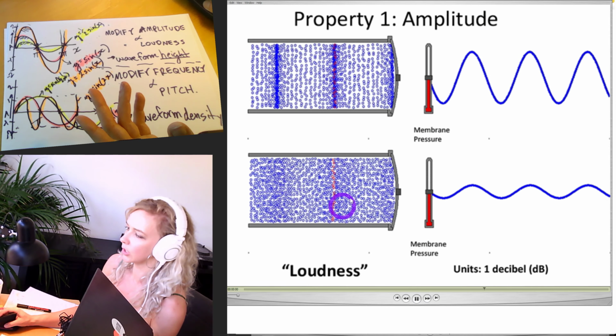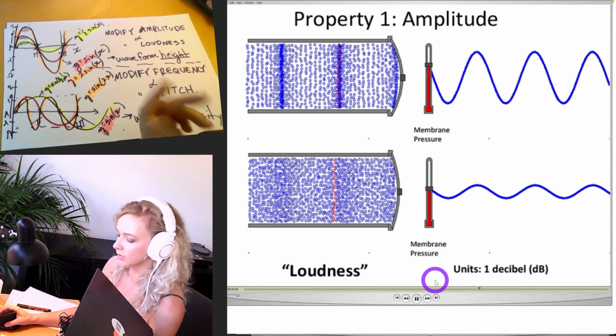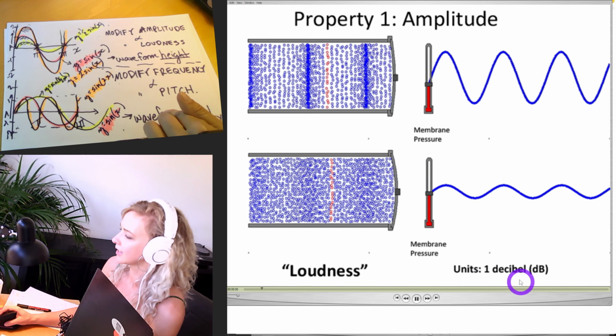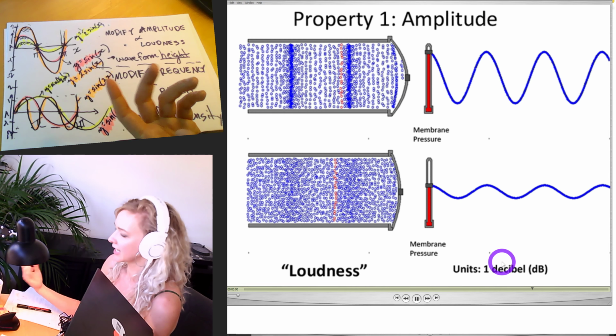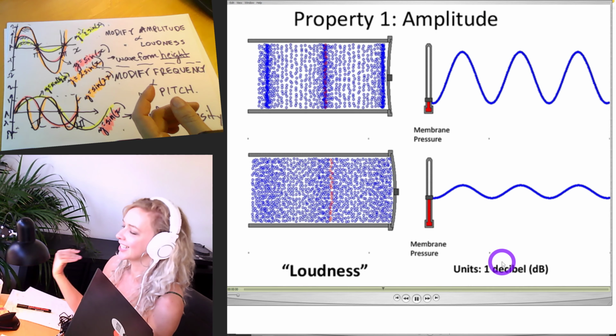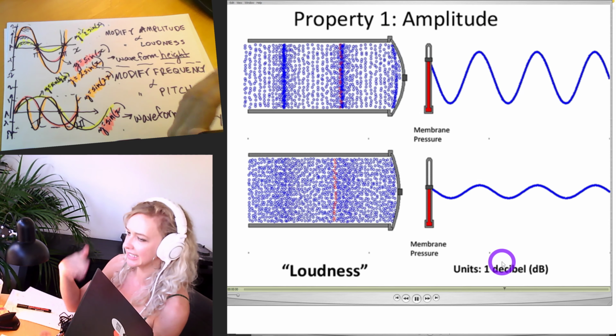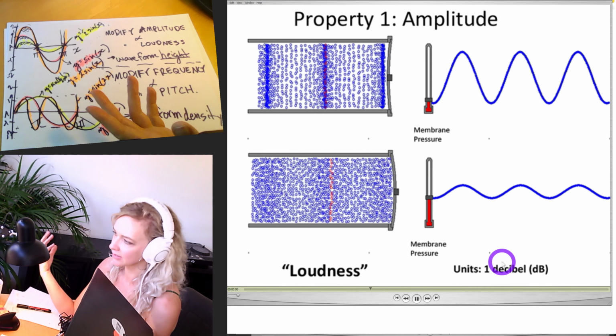Whereas this is a lower pressure area, and it would be quieter. Amps are not 1-to-1 related to decibels, but it's the same idea. I actually tried to work it out for you, but it got too complicated and wasn't worth explaining. But just know that the amplitude, the gain, is the same idea as decibels. It's the same as loudness, more or less.